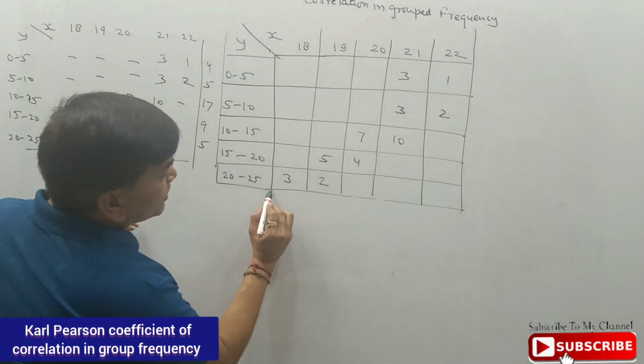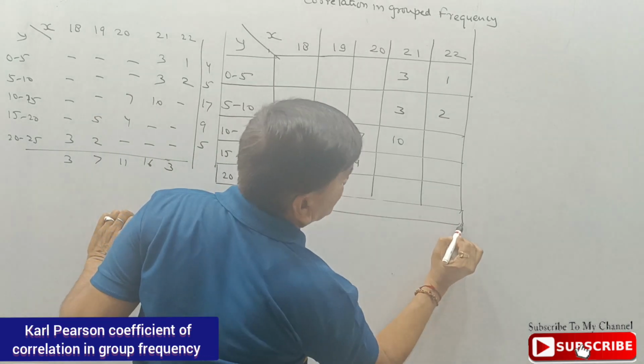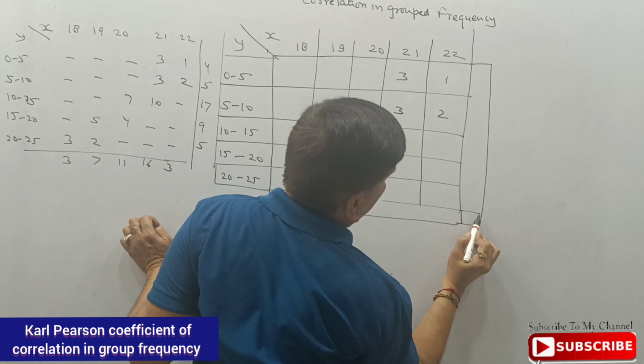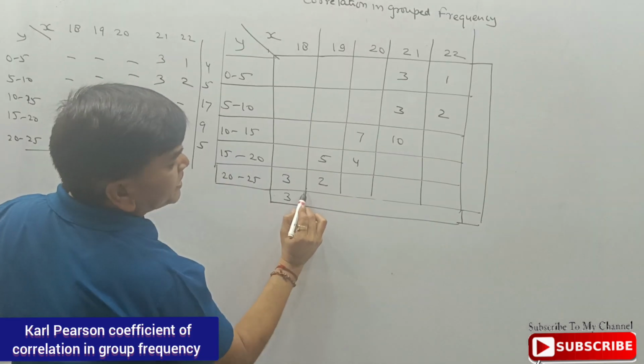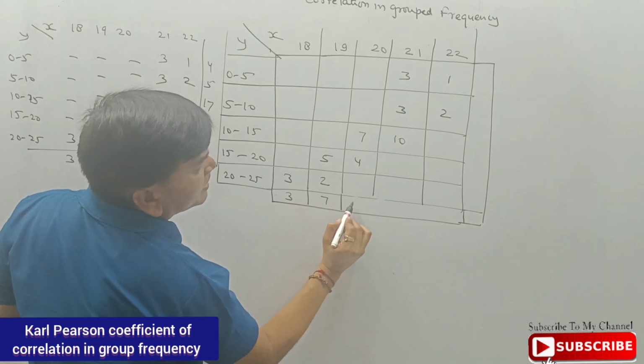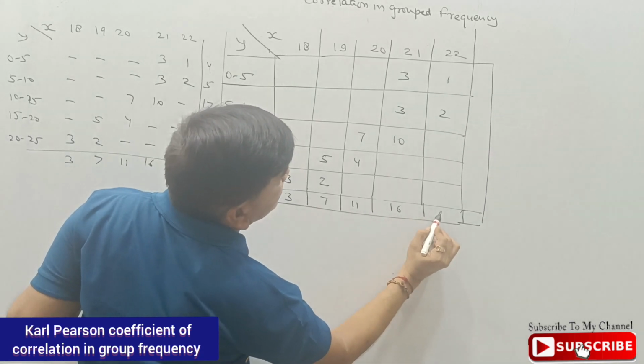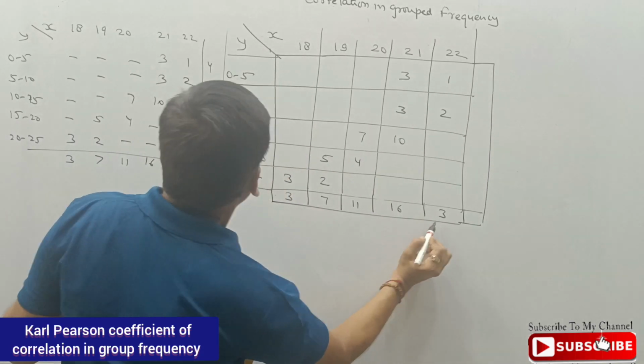First, we find the total of the frequencies in the rows and columns. Here the total of frequency is 3, here 7, here 11, here 16 and here 3.